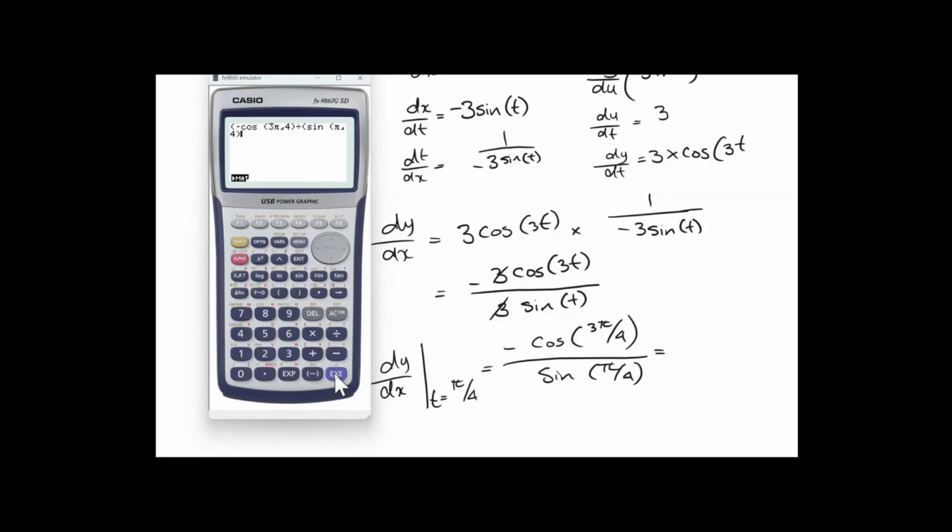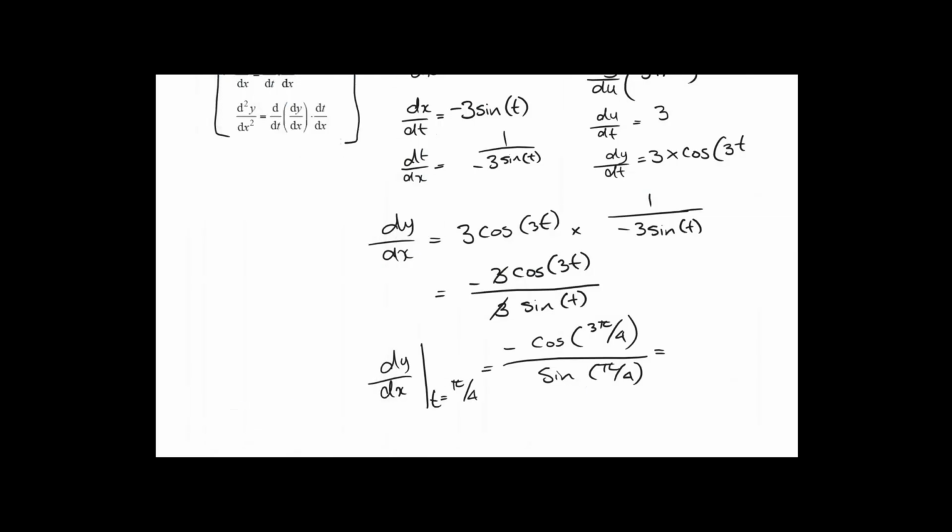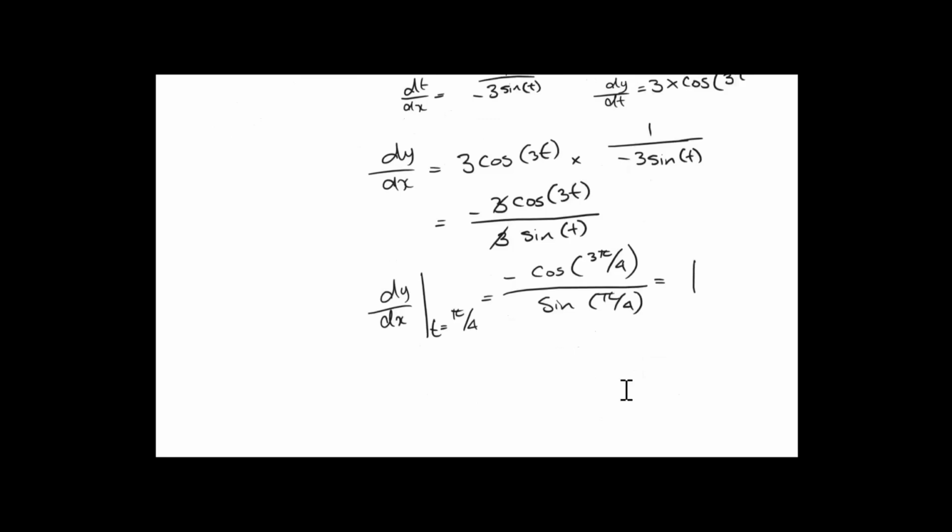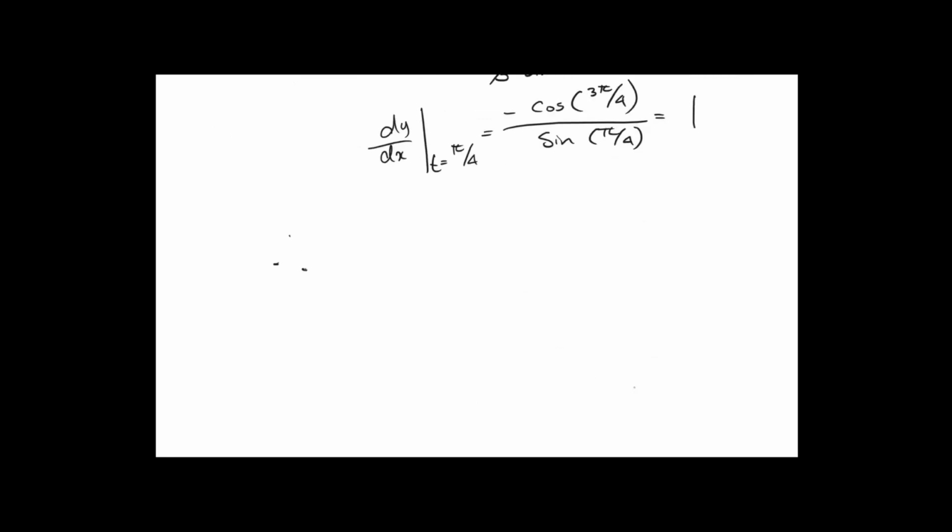Is that 1? Oh, okay, 1. So that gradient there is 1. Therefore, the gradient of the normal is equal to -1. If you wanted to write it like that, -1 over 1, if you wanted to be really, really pedantic.